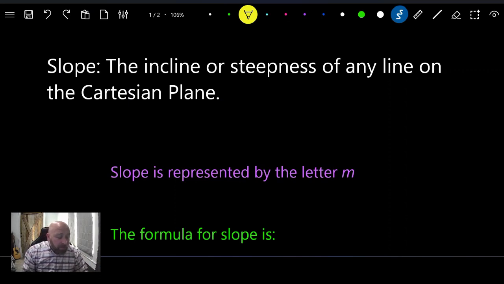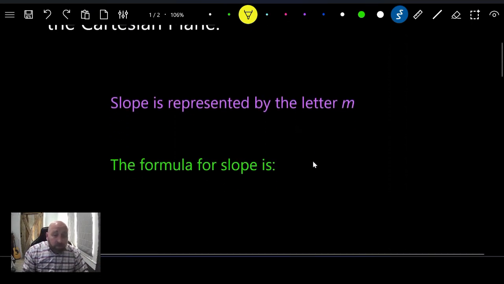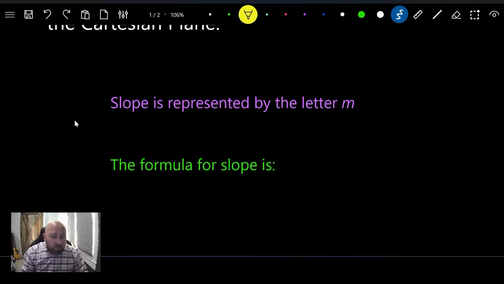The next thing down there, we talk about the formula for slope. So let me go ahead and write the formula for slope. There's several different ways to write it. So what we want is M equals, and then I'm going to write it a couple different ways. First of all, I'm going to write y over x. I'm going to tell you what this means in just a second.